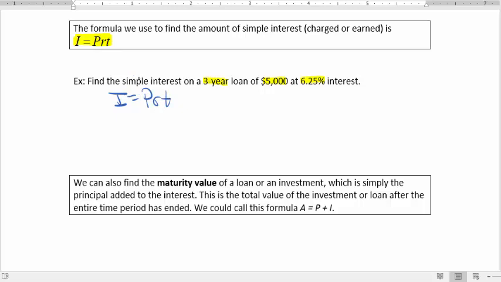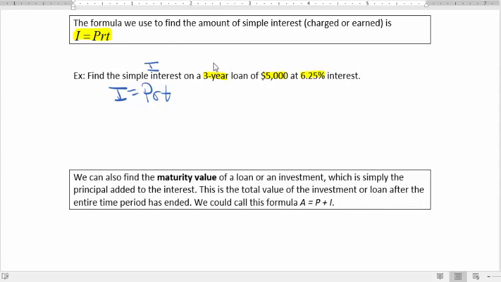We're trying to find the simple interest, so we're trying to find the I. The time is 3 because it's 3 years. The loan amount, or starting amount, is $5,000. That's your capital P. And your interest rate is 6.25%, so that's going to be your R.